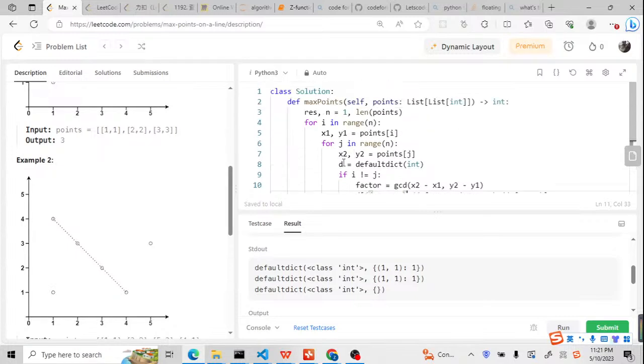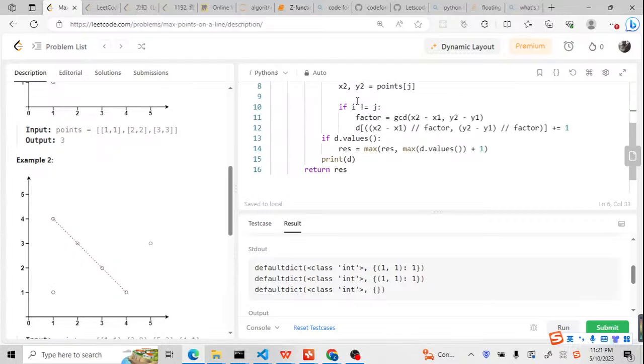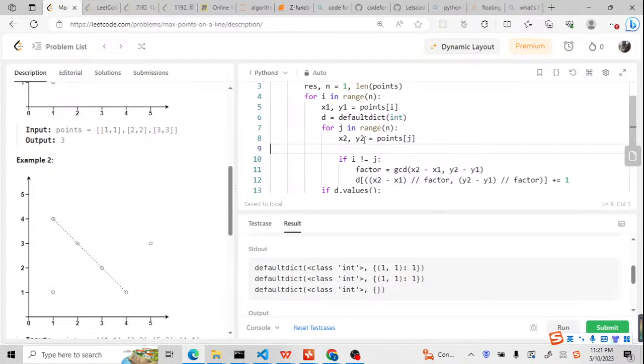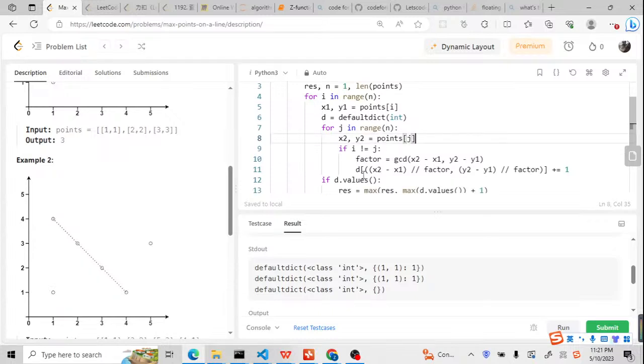I should define this dictionary before the second for loop, because this dictionary should be prepared before all those points. Otherwise, I didn't get the right answer. This dictionary is prepared for all the points. It's not for one point.